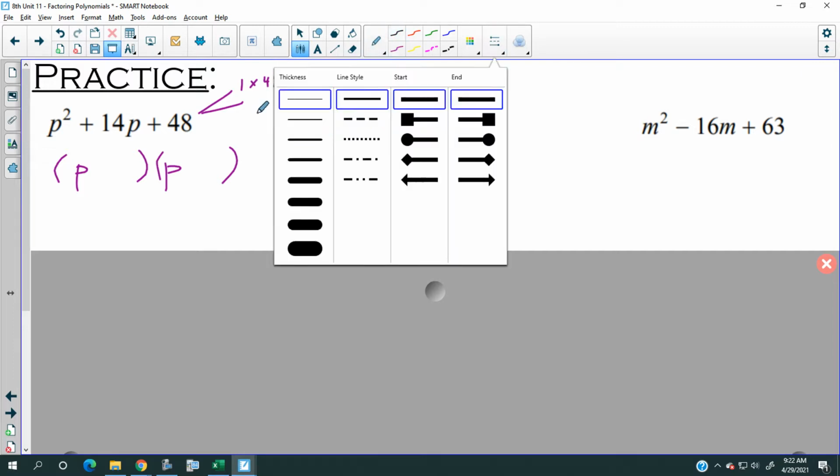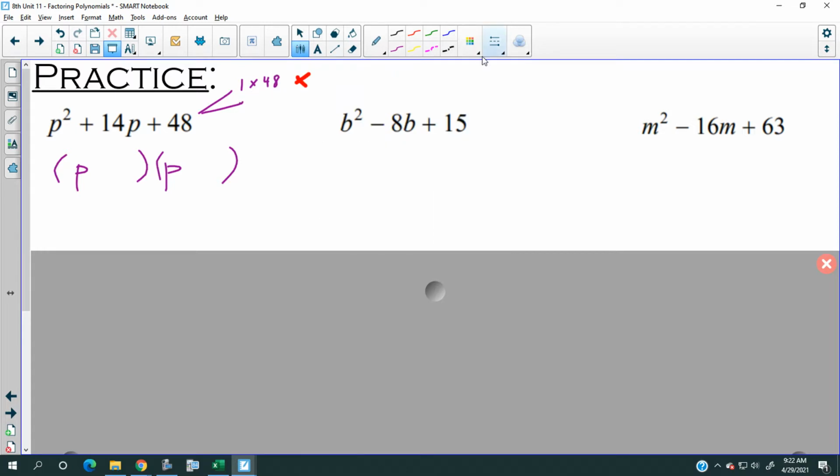So now let's see, what other possibilities are there? We can have 6 times 8, right? Now we can have 12 and 4, but 12 and 4 is not going to get you that close to 14 either. So 6 and 8. Now I can also have negative 6 times negative 8, but all these are positive, so negative numbers will never combine to give you a positive number when you're adding.